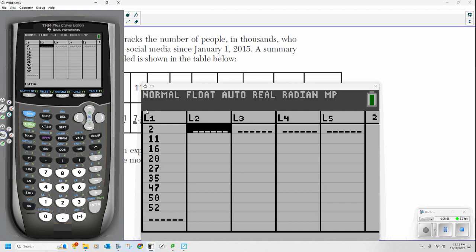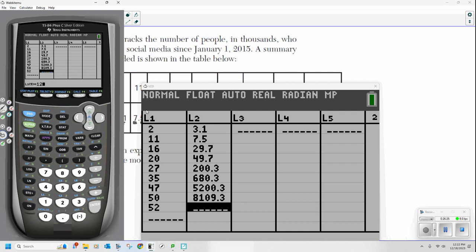Now my number of social media followers, or the Y, goes into L2. It's 3.1, 7.5, 29.7, 49.7, 200.3, wow, that's a big jump, 680.3, 5200.3, 8109.3, and 12,107.1.